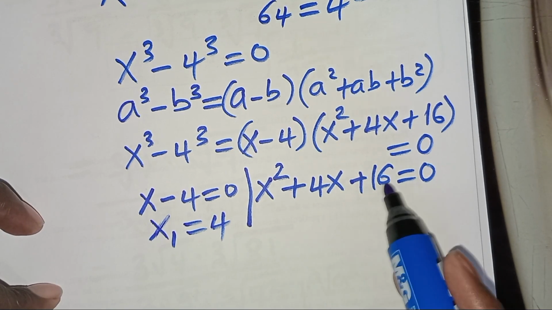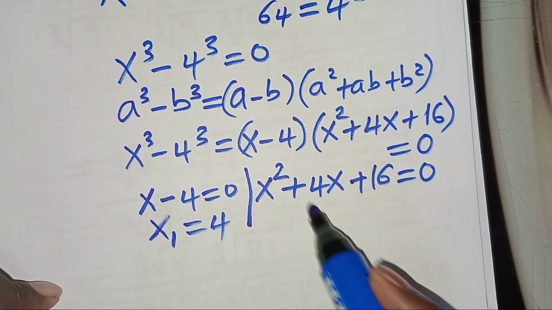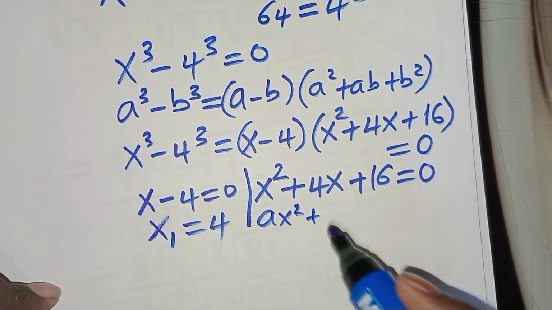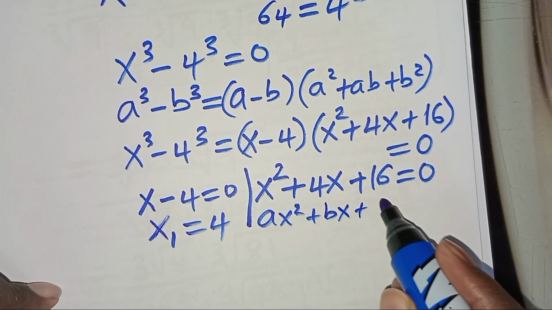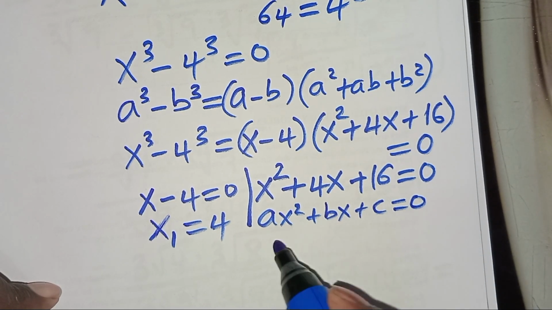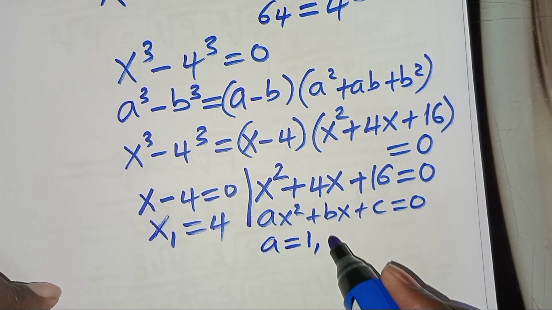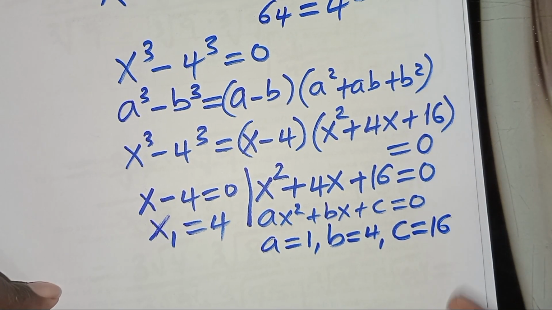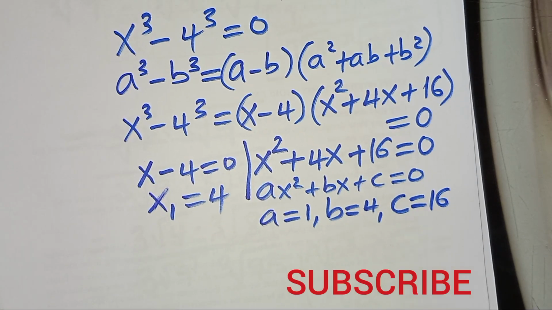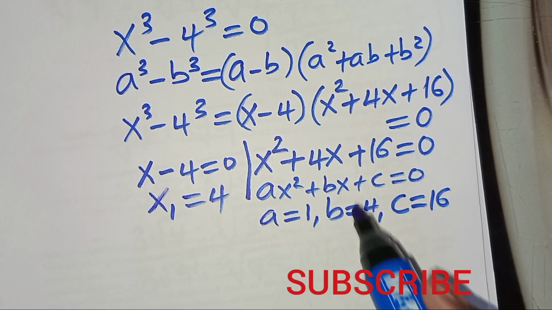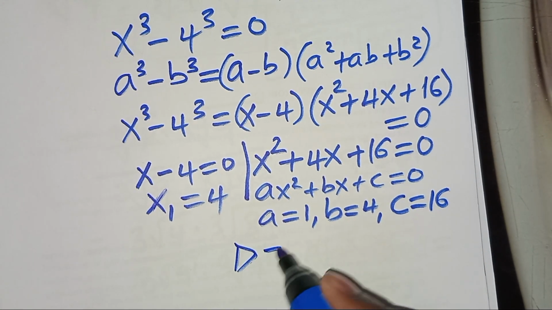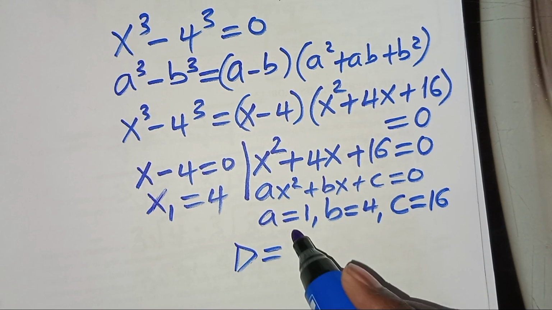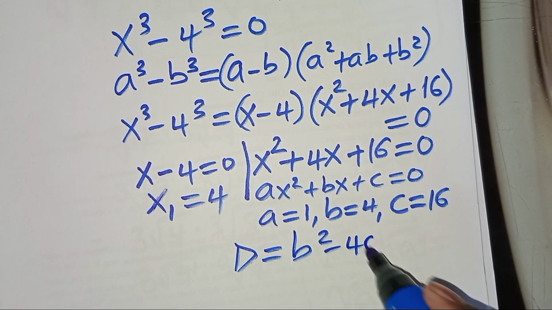Okay. So let's calculate the other possible values of x in this quadratic equation. This is in the form of ax squared plus bx plus c equal to 0. Now, a is equal to 1, b is equal to 4, and c is equal to 16. Let's check the nature of the roots of this quadratic equation by assessing the discriminant value, which is b squared minus 4ac.